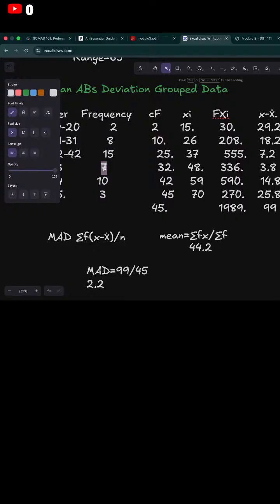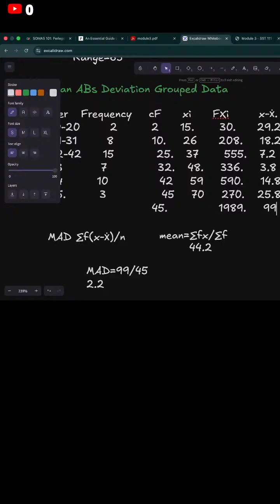Seven times 3.8 is 26.6. Then 148. So we have 25.8 times 3, which is 77.4.